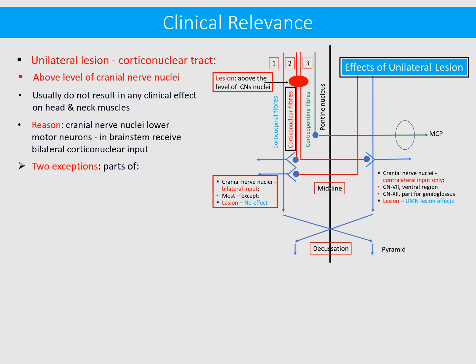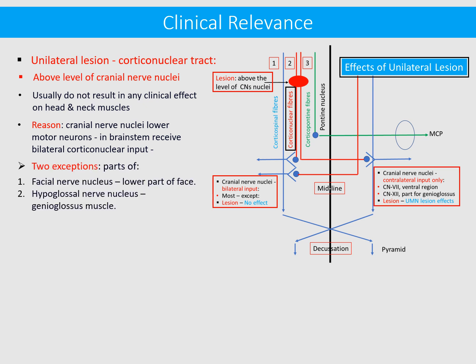But there are two exceptions. Part of the facial nerve nucleus meant for the lower part of the face and part of the hypoglossal nerve nucleus for the genioglossus muscle receive unilateral input from the contralateral upper motor neurons only.